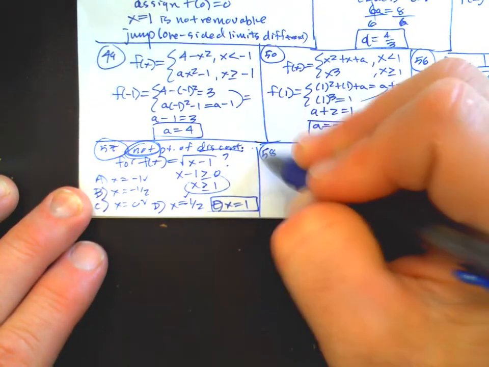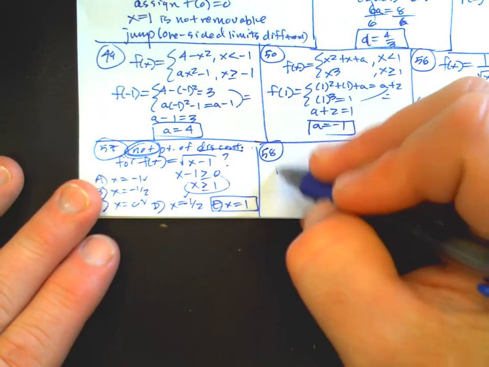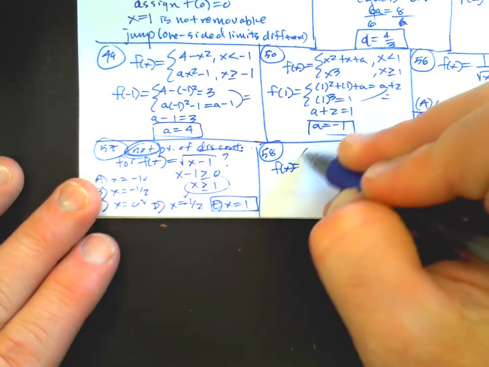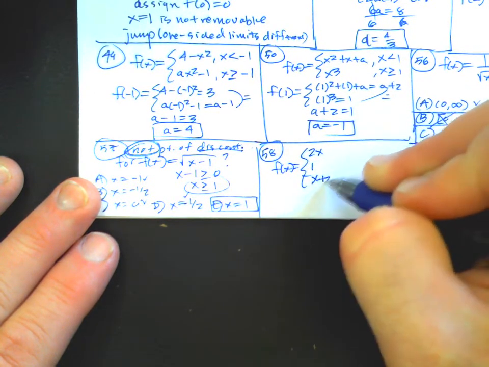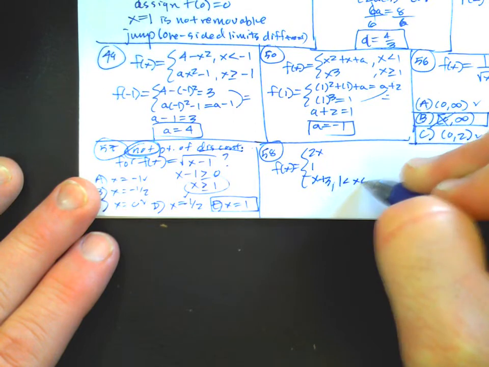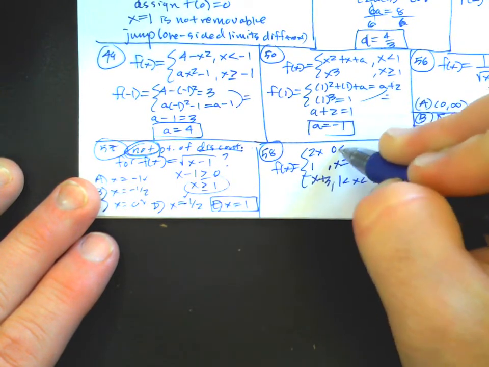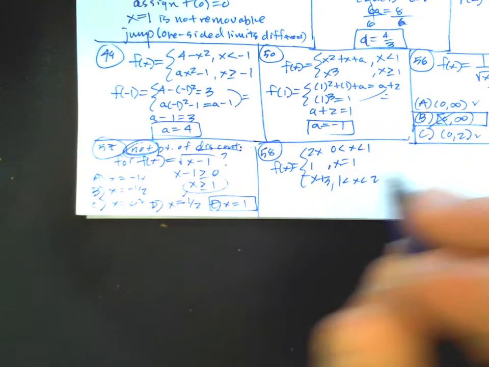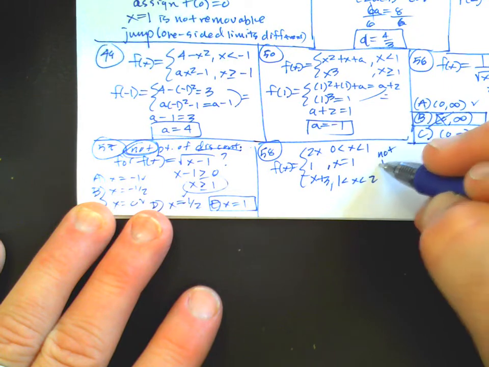Okay, 58. Which of the following statements about the function f of x is not true? I'm just writing the problem now because I think that's helpful. So we're looking for something that's not true.